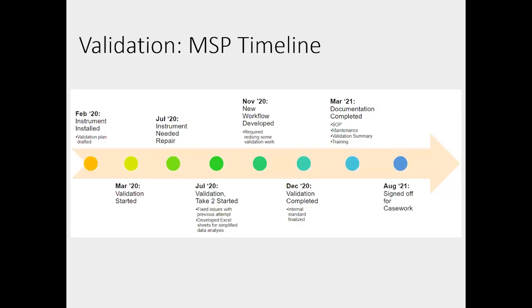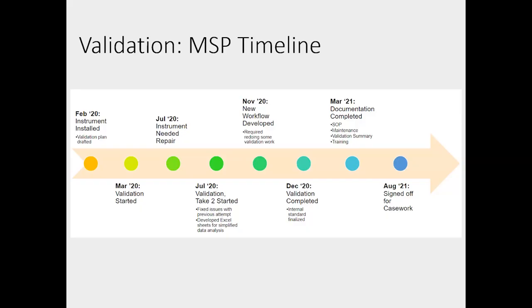So if you're looking at the timeline of how long it took us to actually implement this into casework, you can see that it took us a decent amount of time. We got the instrument in February of 2020 and then basically got shut down for COVID. We did have help from Ed Cisco to help validate it, which did move the process along a lot faster because we were really not familiar with this technology.